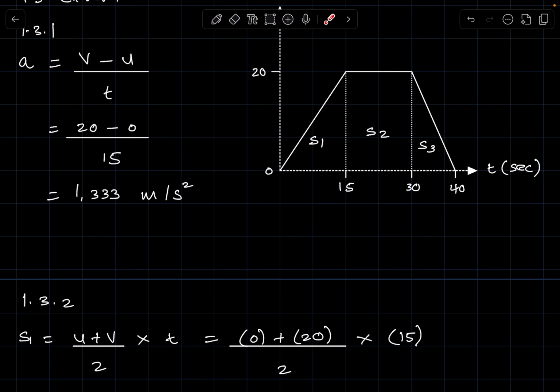You have again 3 sections, so you look at the area under each section. In this section the area is that of a triangle. In section 2 the area is the area of a rectangle. Section 3, triangle again. So you simply calculate the area of each section and then you add it up.